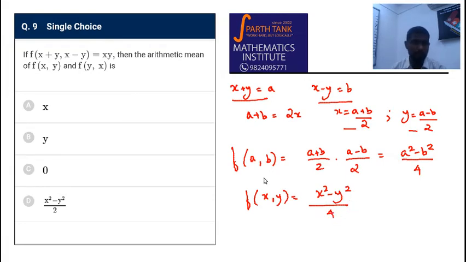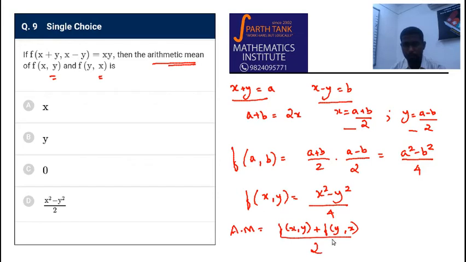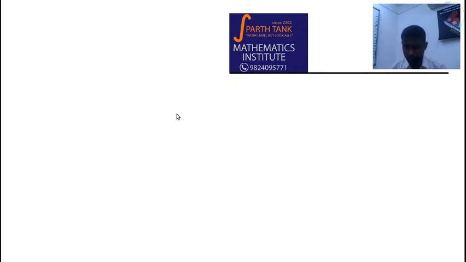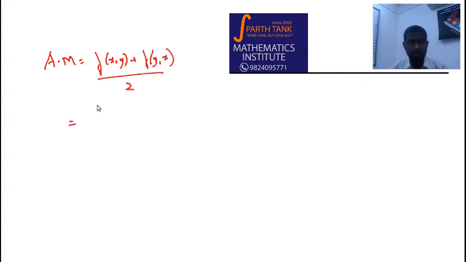Okay. So they have asked us to find the arithmetic mean of f of (x, y) and f of (y, x). The arithmetic mean therefore is f of (x, y) plus f of (y, x) upon 2. We already have f of (x, y). What will be f of (y, x)?